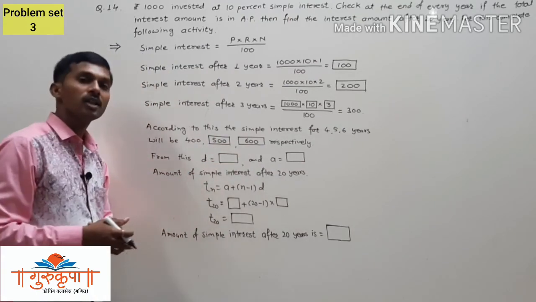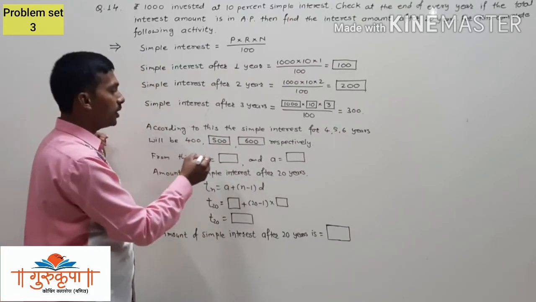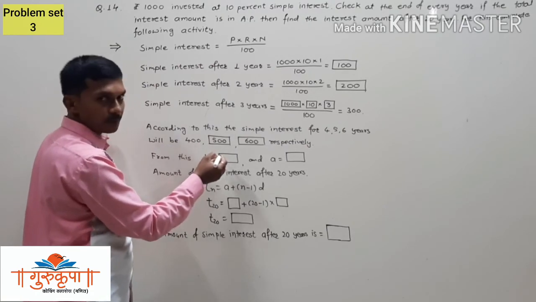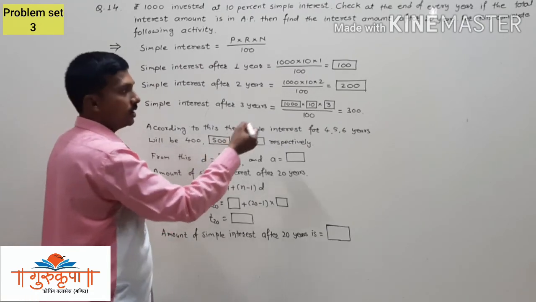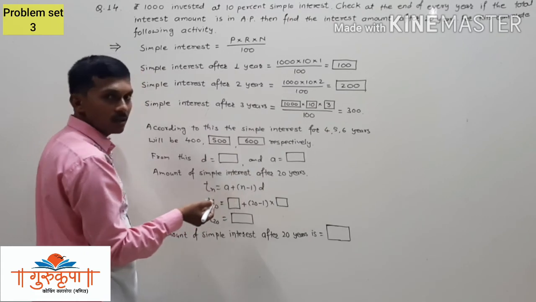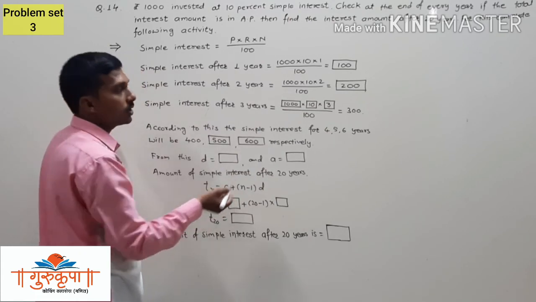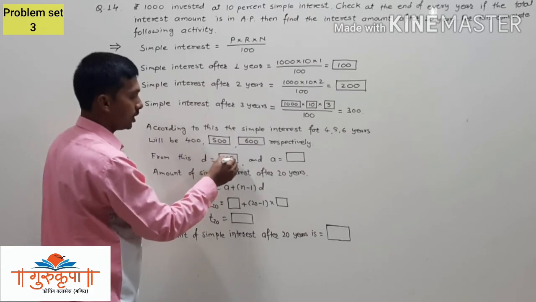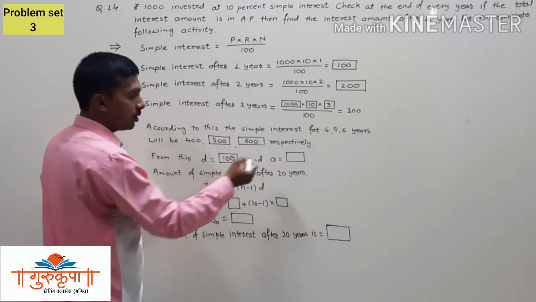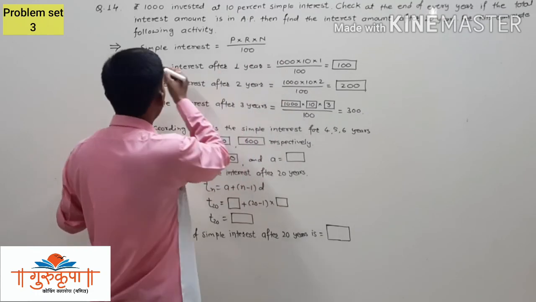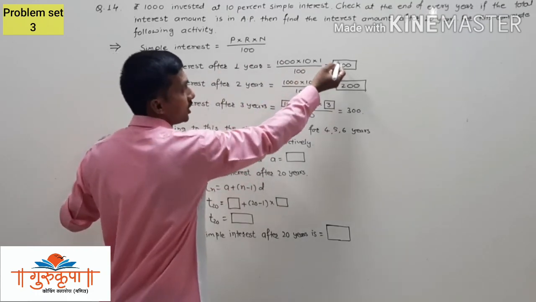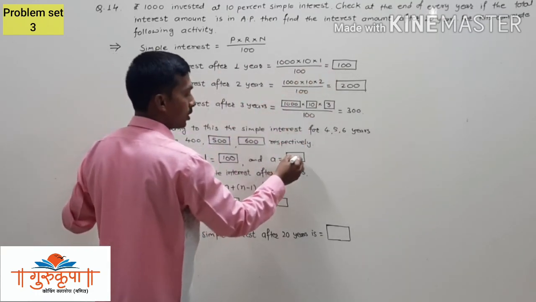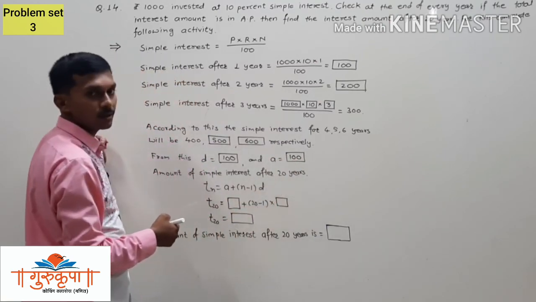It is an AP. Now for this AP, the common difference is nothing but the difference between any two consecutive terms. 200 minus 100, that is 100, that is the common difference. First term, that is A, is the simple interest after 1 year, and it is 100.